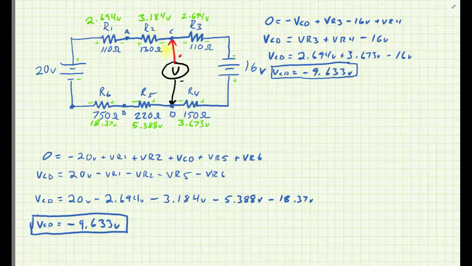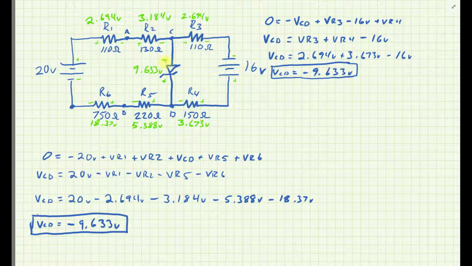So on my meter I have a minus 9.633 volts. If I come in here, let's replace this stuff here. I'll come in with my diode again, and it was facing like this. So my polarity is going to be like this, and the voltage that it sees is going to be 9.633 volts.